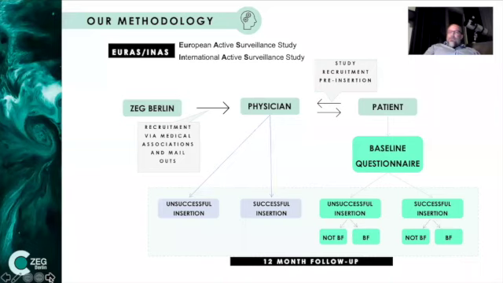If so, we had different baseline questionnaires, for both physician and patients, depending on breastfeeding status and the success of the insertion. Because some of these insertions were already unsuccessful at insertion level, there was already a perforation at the insertion, so these women never received the IUD basically, but they were still counted as a perforation in our study.